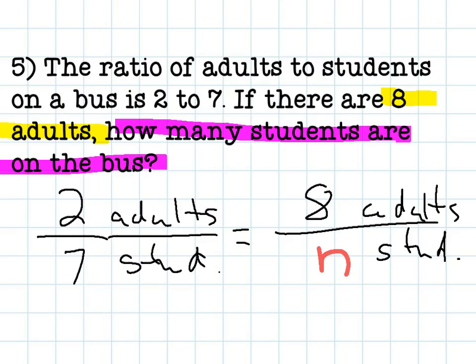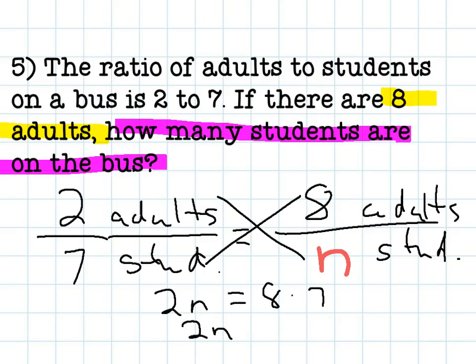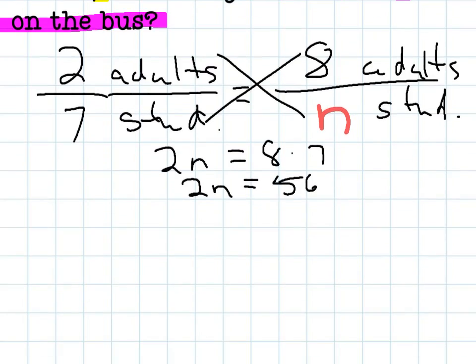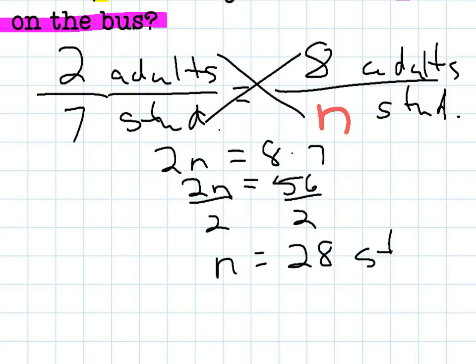We write our equation as such. 2n equals 8 times 7. 2n equals 56. Divide both sides by 2, and you get n equals 28. So the answer is 28 students are on the bus.